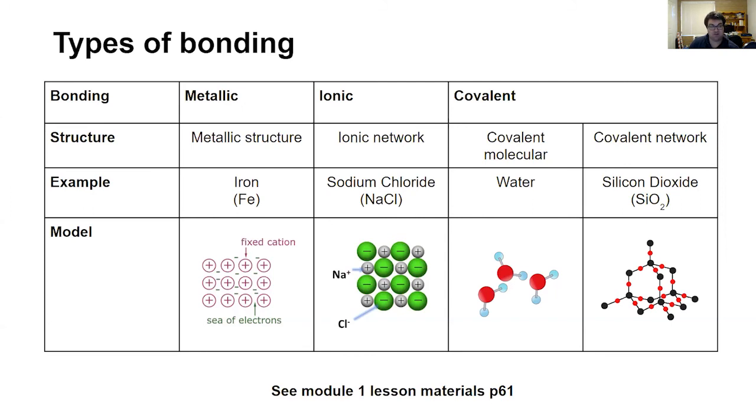In the case of covalent network materials, we're talking about materials like silicon dioxide, so sand. This happens when you have the sharing of electrons between 2 non-metal atoms, and you have the formation of continuous chains of material, and you end up with this massive network structure that's not dissimilar to a metal or an ionic substance.